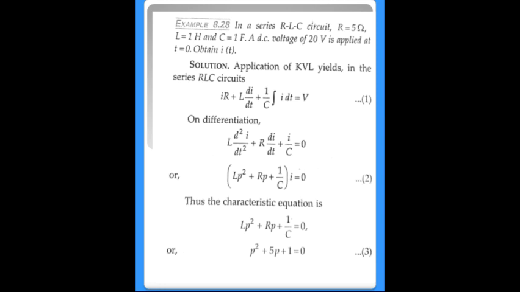Equation number 3. Now applying initial conditions at t is equal to 0, I is equal to 0 and Vc is equal to 0. So L dI upon dt is equal to V and dI upon dt is equal to V upon L, that is 20 upon 1 is equal to 20 ampere per second.